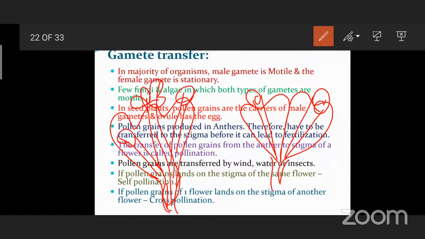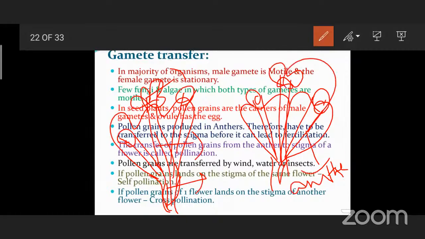See here, this is the male sex organ, the anther. This is the female sex organ: carpel, style, stigma. The pollen grains are transferred by wind or water or insects. When pollen grains land on the stigma of the same flower, these are the anther, male sex organ, and these pollen grains transfer to the stigma of the female part.